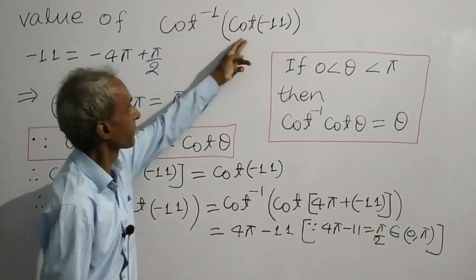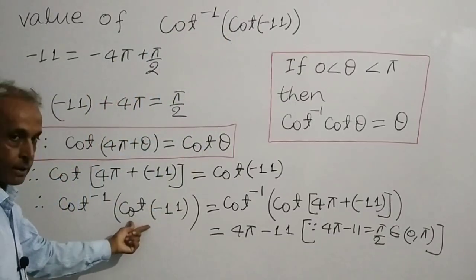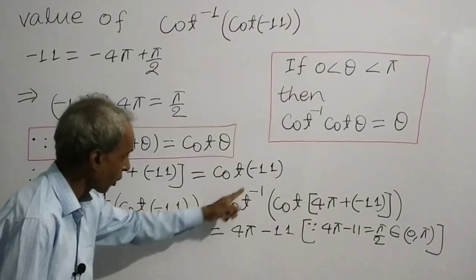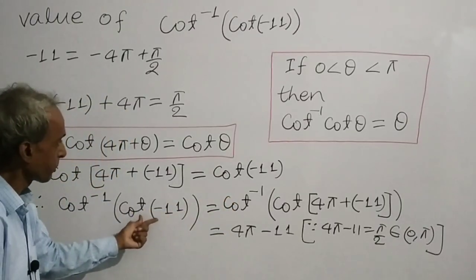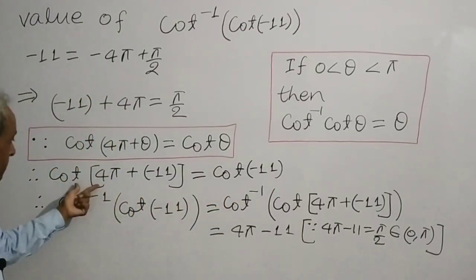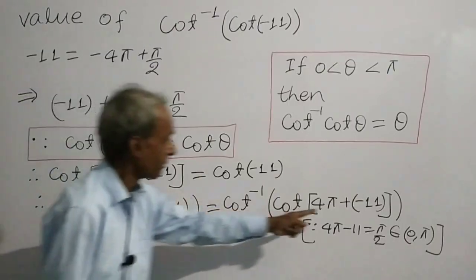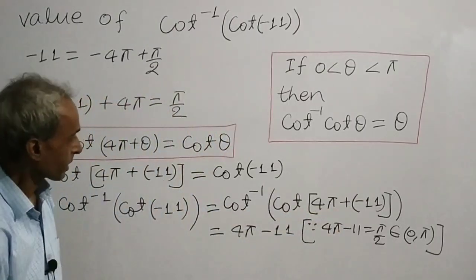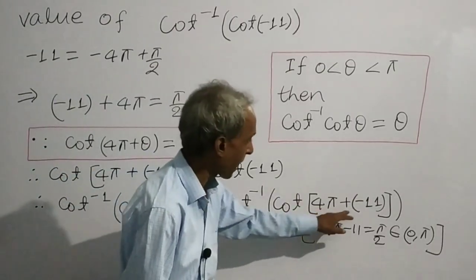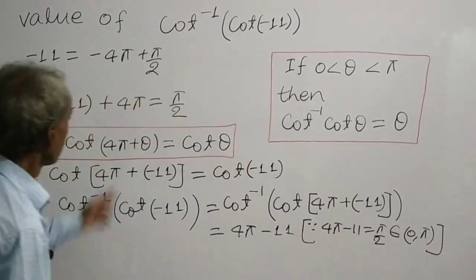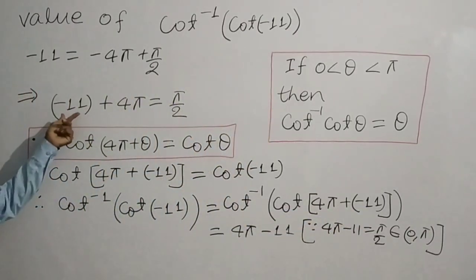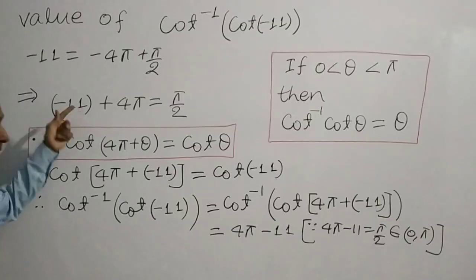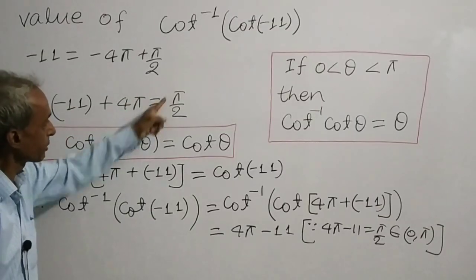Therefore, cot inverse cot minus 11 can be written as cot inverse of cot of 4 pi plus minus 11. Now this 4 pi plus minus 11 is approximately equal to pi by 2.